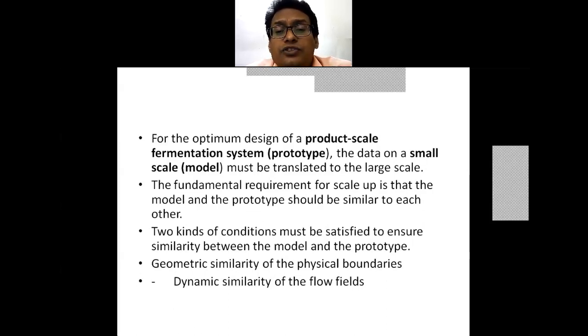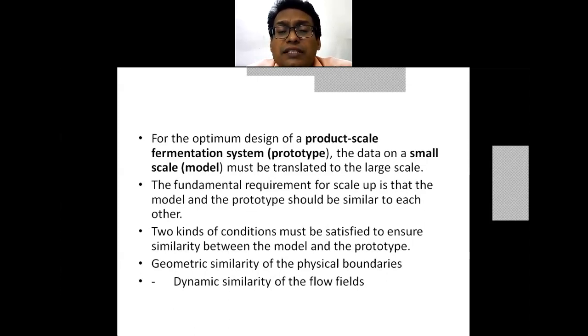Two kinds of conditions must be satisfied to ensure this similarity between the model and the prototype or the industrial scale. One is the geometric similarity of the physical boundaries, and the second is the dynamic similarity of the flow fields. The geometric similarity is related to physical boundaries. That means the dimensions: length, diameter of the vessel, height of the liquid.